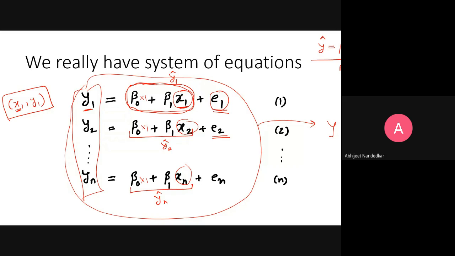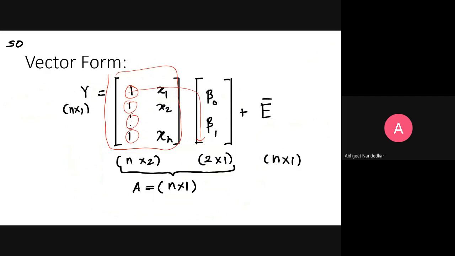That will be matrix A, and then you have beta. Beta is the collection of beta 0 and beta 1, then plus your error vector. The error vector will be the collection of all these. So we are just writing the same thing in matrix form. That's it.